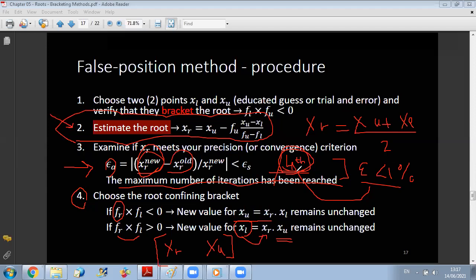But if you reach epsilon smaller than 1% before the fourth iteration, you stop too, because this is satisfied. To stop, one of the two conditions should be satisfied. Otherwise there is no meaning in giving you this criterion. If the criterion were only the approximate error, it would not be the number of iterations. But if they put this or this, or you do four iterations in case epsilon has not reached 1%, or if you already reached 1% before the fourth iteration, you stop. So if at stage 3 epsilon is smaller than 1%, you say no need to continue to the fourth iteration.